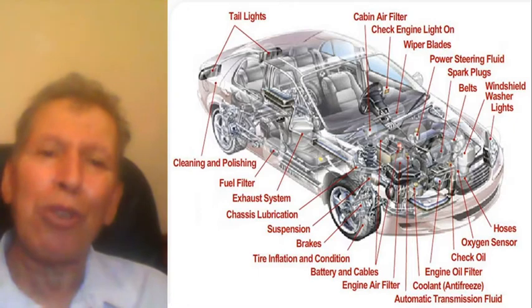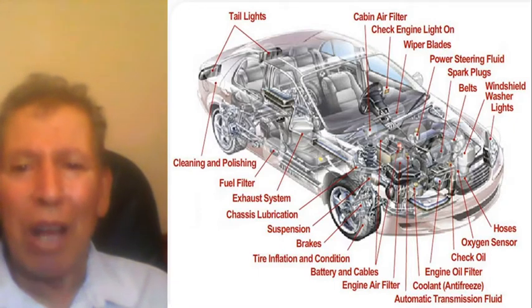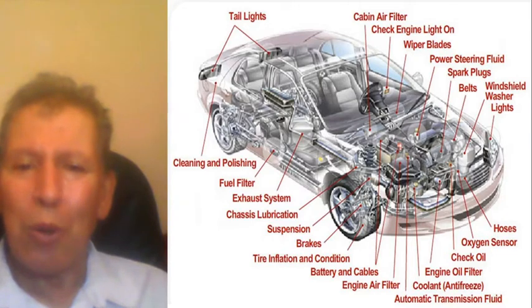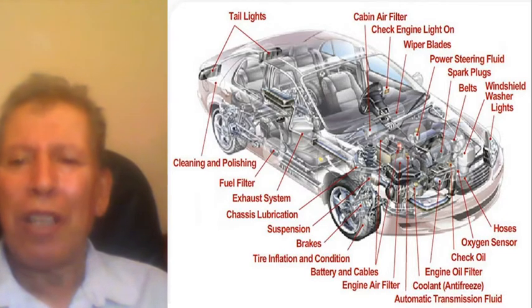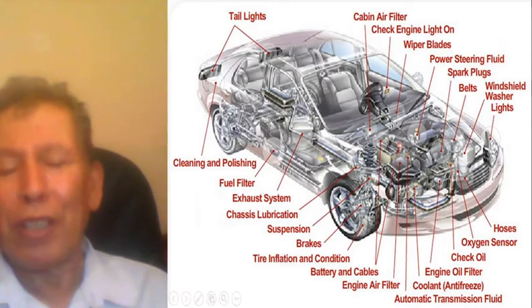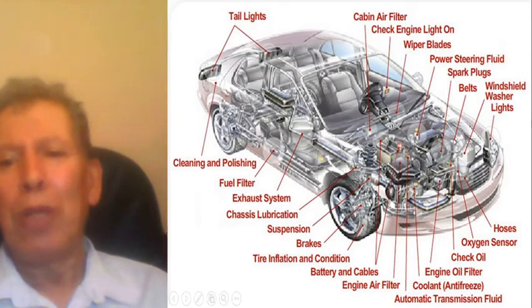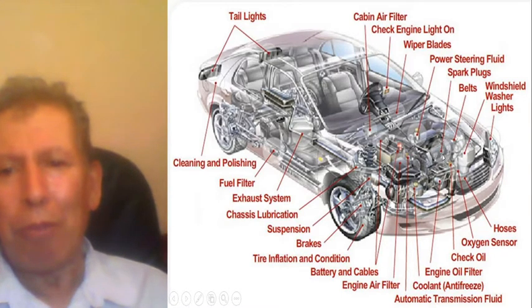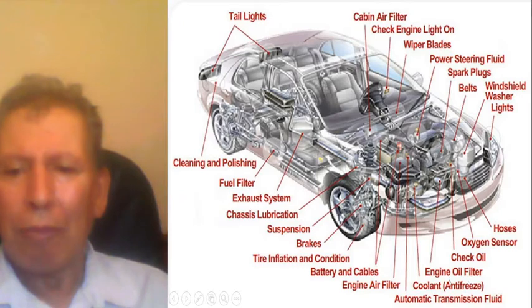It goes around the gears. It goes around various parts of the engine, and so it should be filtered to remove the debris, from blocking certain functions of the engine.